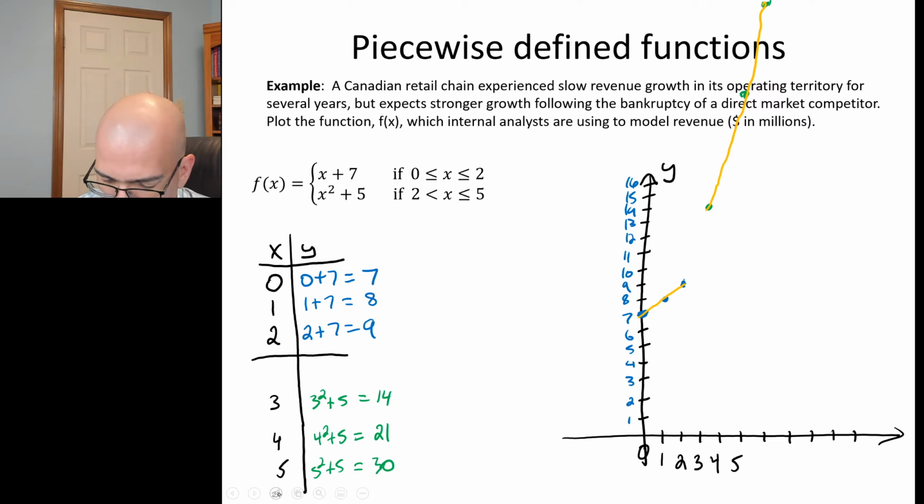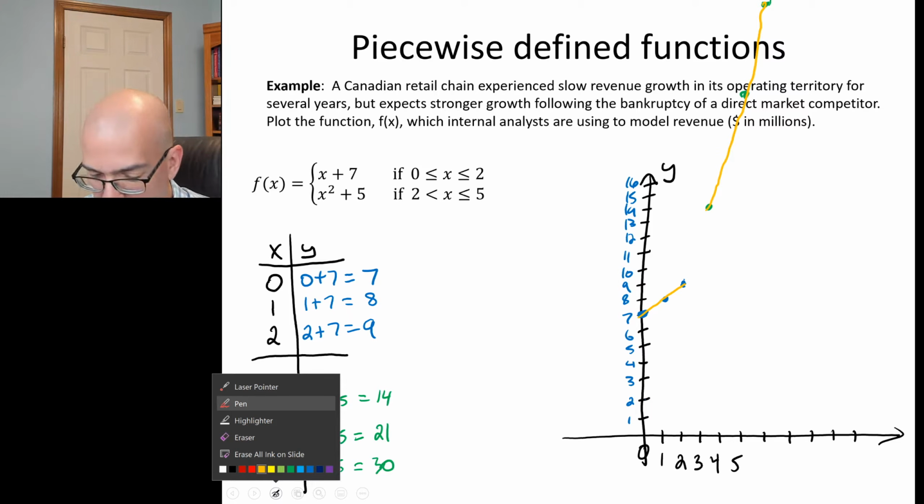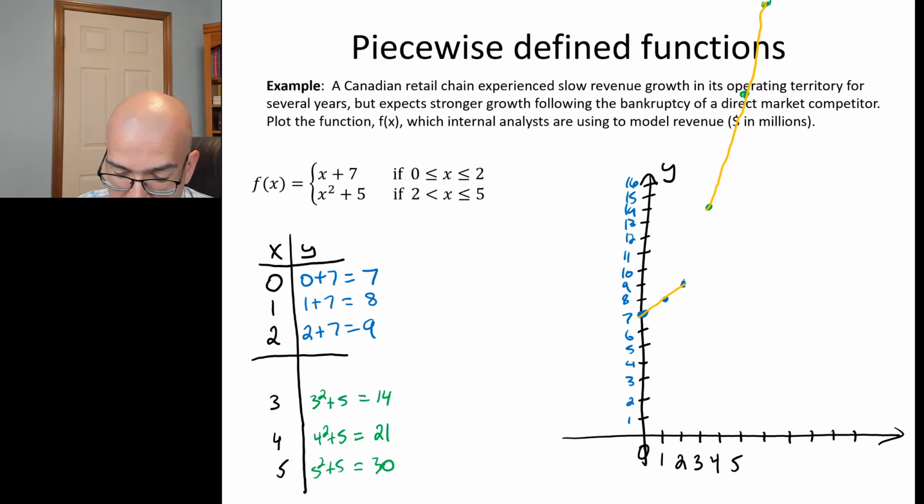And I'm going to do something that is going to bother you a little bit. I'm going to plug in 2 into the bottom piece. And I shouldn't plug 2 into the bottom piece. So let's think about plugging in 2.1. So that'll be 2.1 squared plus 5. So that's a little bit larger than 4 point something.